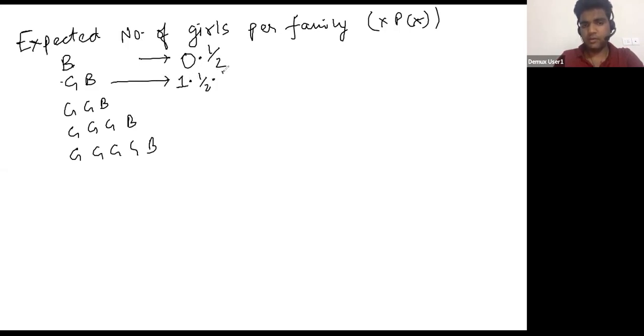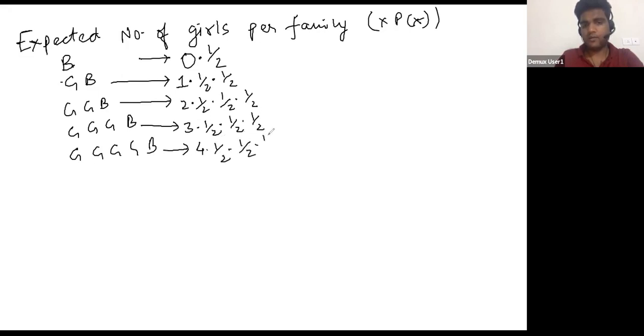1 by 2 into 1 by 2. For this, two girls, the probability of this sequence is 1 by 2 into 1 by 2 into 1 by 2. Three girls, 1 by 2 into 1 by 2 into 1 by 2 into 1 by 2. Four girls, and so on. So this is the sum.